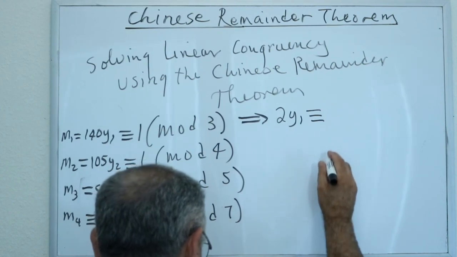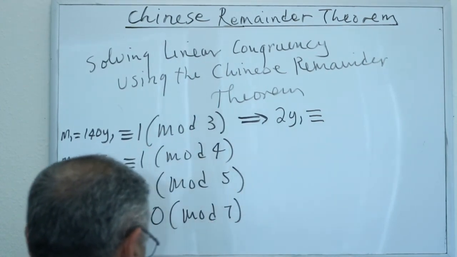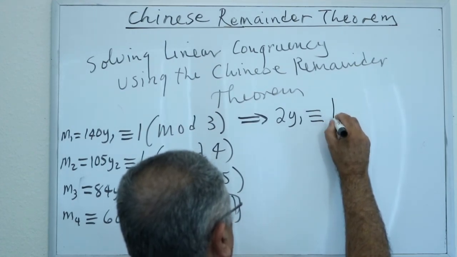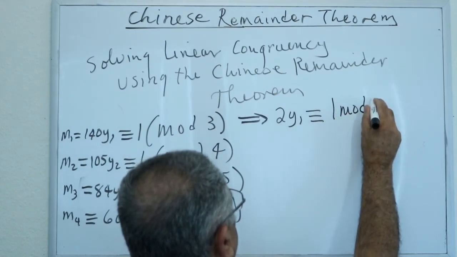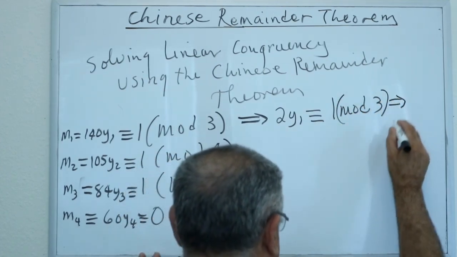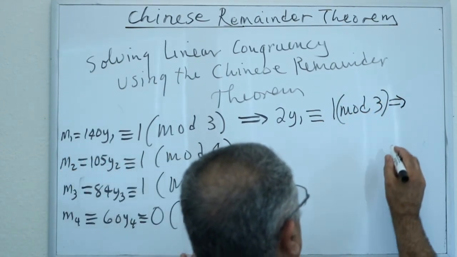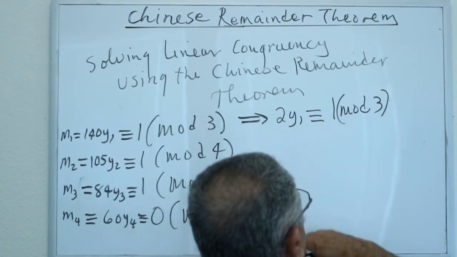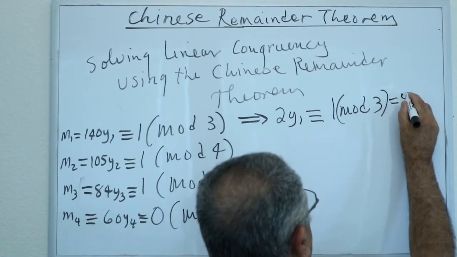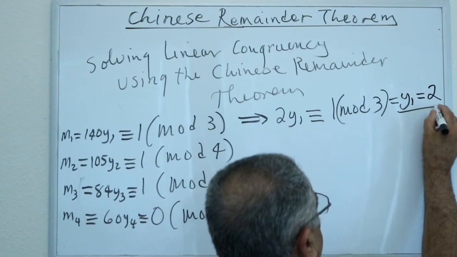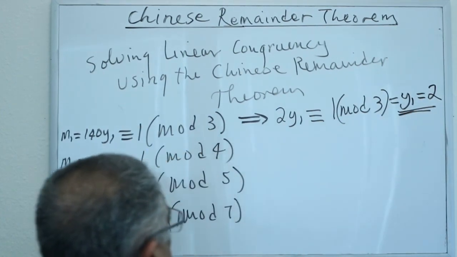And 2y1 is congruent to 1 mod 3, and this ends up with 2. So y1 equals 2. In my case, y sub 1 is equal to 2. So this is my first result there.